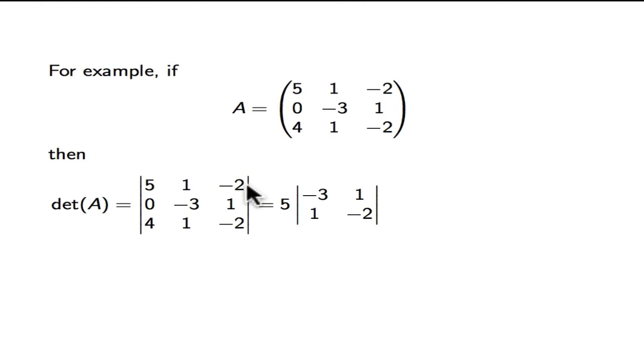So it is the determinant of this matrix here, minus 3, 1, 1, minus 2. Then we have plus A12, which is 1, times C12. And C12 is equal to minus M12, where M12 is obtained by deleting this row, this column.